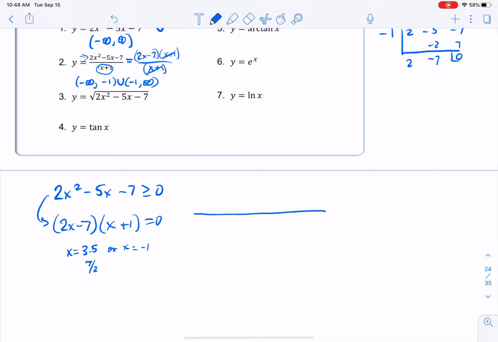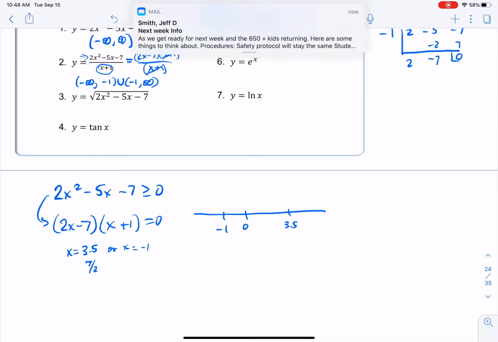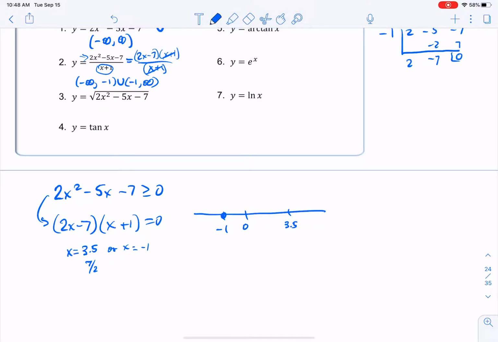So if I put those things on a number line, a 0, a negative 1, and a 3.5, approximately right there. Those get closed circles because it's okay if your square root is 0.